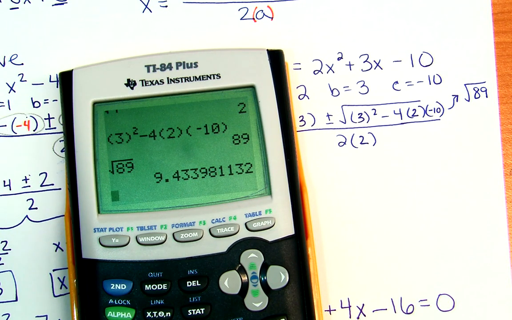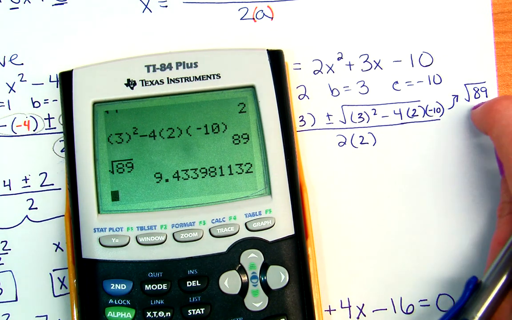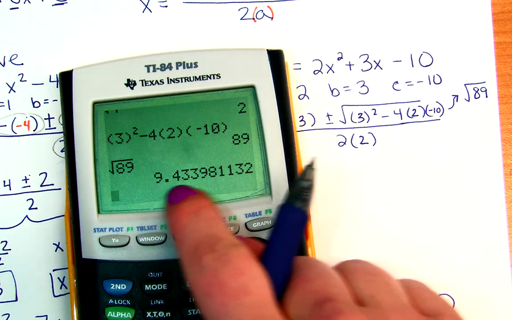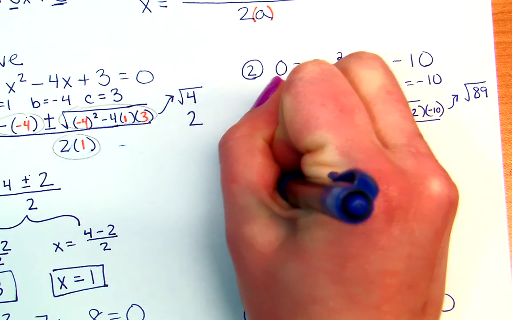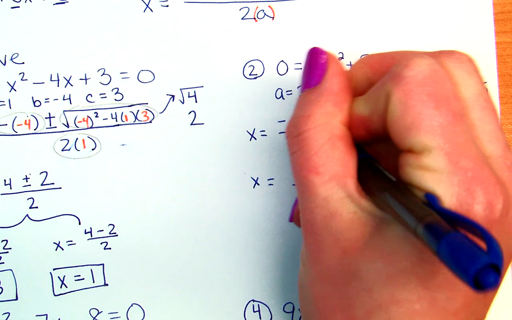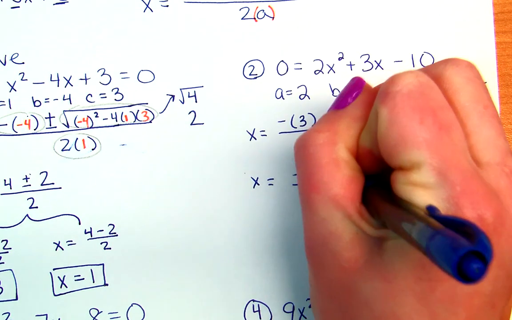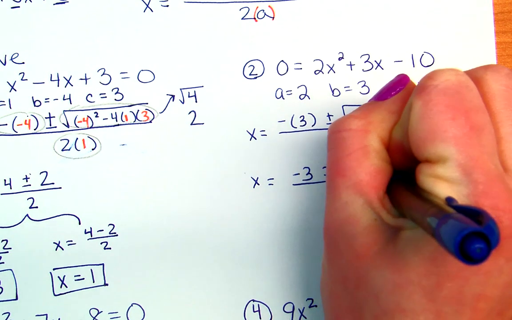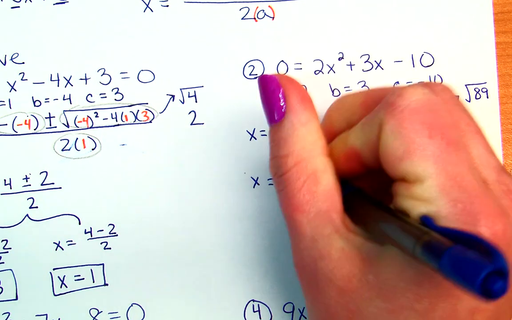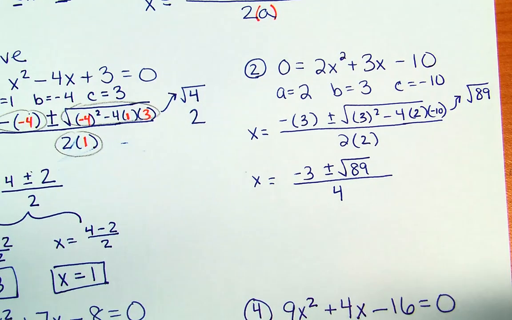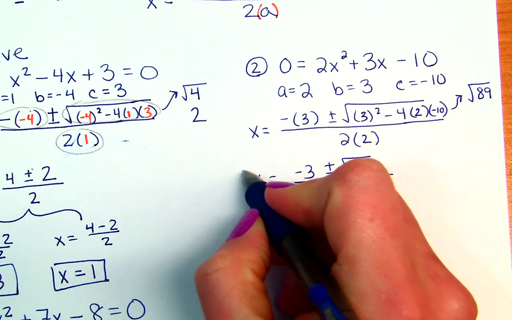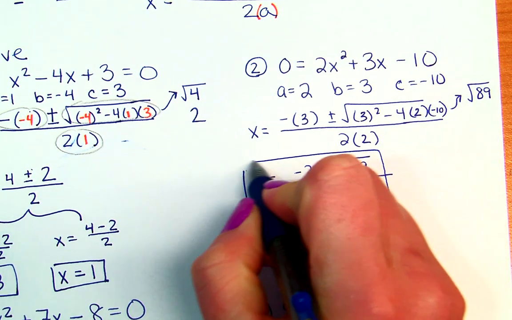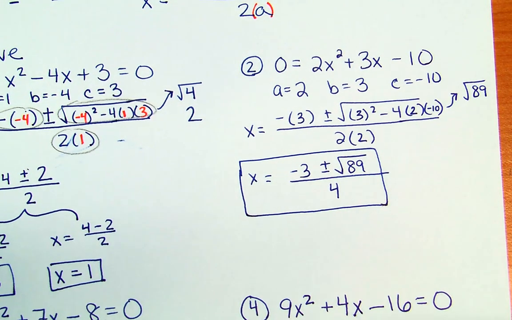So I'm going to leave the square root of 89 as is, because the square root is more accurate than giving myself a decimal. So if I rewrite this, I wind up with negative a positive 3 is -3, plus or minus the square root of 89 over 4. I cannot simplify this any further. You could try to simplify the radical, but I'm going to show that in a separate video at a later date. For right now, we can leave our answer as such.